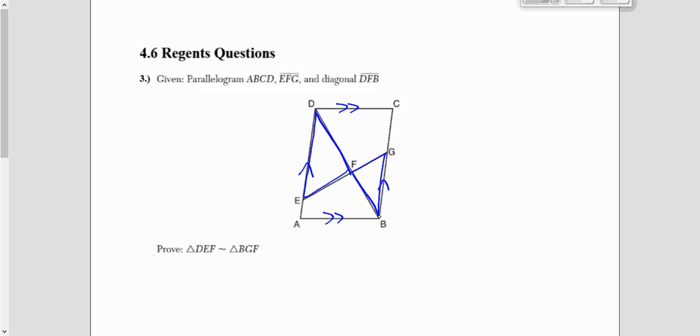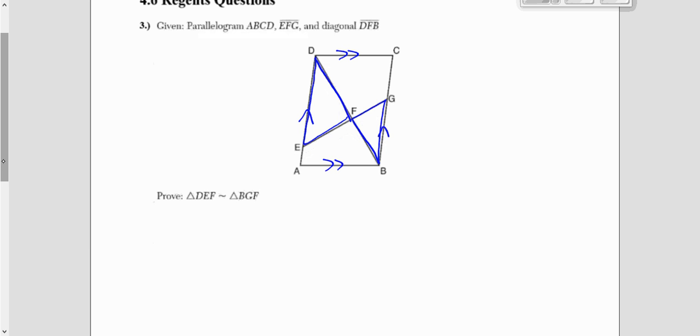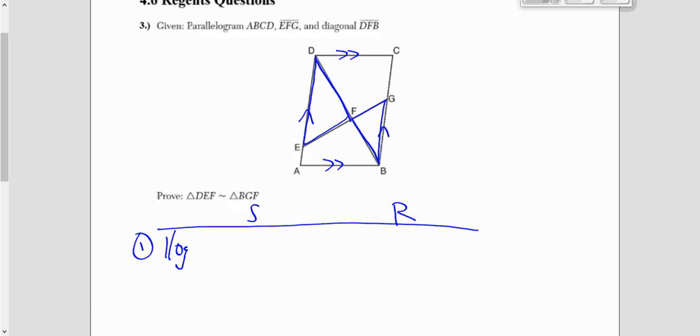Looks like another angle-angle, right? So what do we need to say here, guys? I'm just going to go ahead and get the given in and we can talk about the rest of it. So given is ABCD, EFG, and tag them DFB.